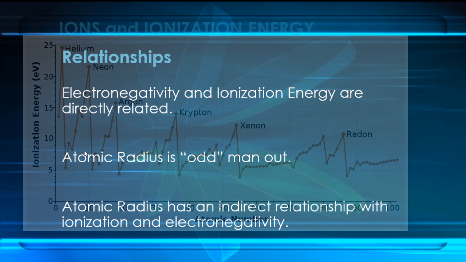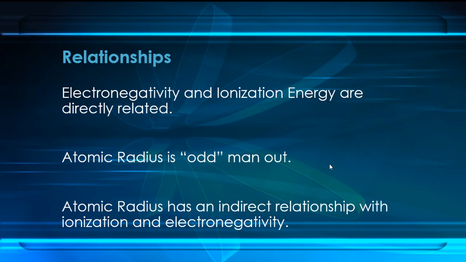Okay. All right, how about the relationships between our 3 trends? Well, because you know how we love relationships here in chemistry, electronegativity, which is the ability to attract an electron, and ionization energy, the energy required to remove an electron, are directly related. Okay, so they are the same.